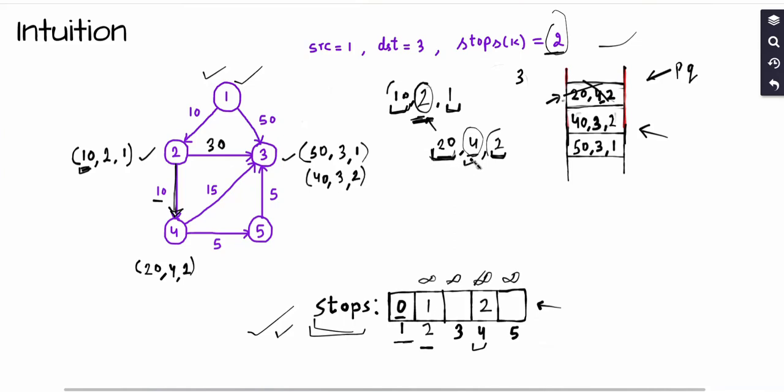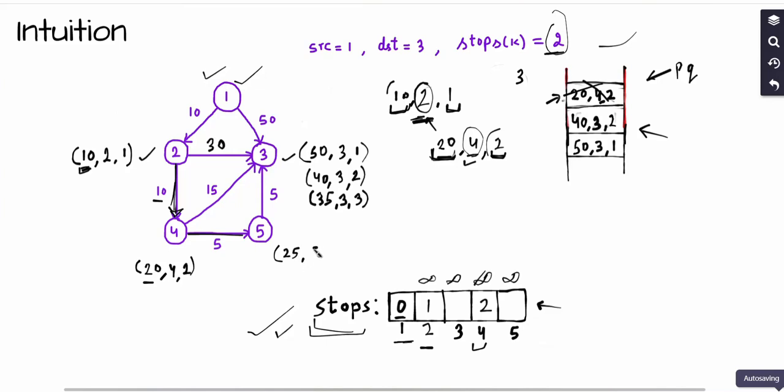Hence I traverse its adjacent nodes, which are 3 and 5. So for 3, if I reach through node number 4, the cost would be 20 plus 15, which is 35, and this is node number 3, and the steps will be 3 now. Similarly for node number 5, if I arrive here through node number 4, the cost would be 25.